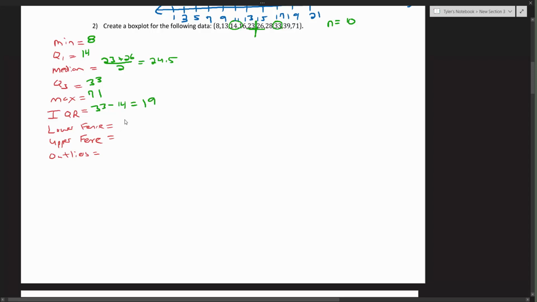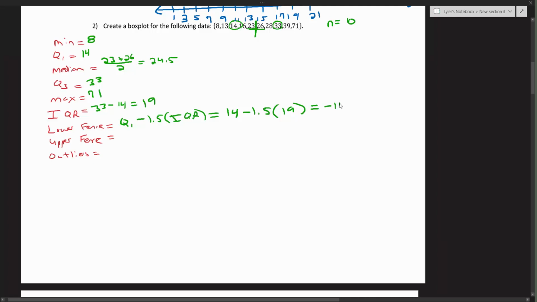Right. Then the lower fence is Q1 minus 1.5 times the interquartile range, which is 14 minus 1.5 times 19. So 14 minus 1.5 times 19, we get negative 14.5.